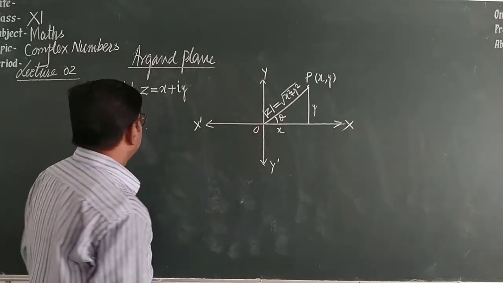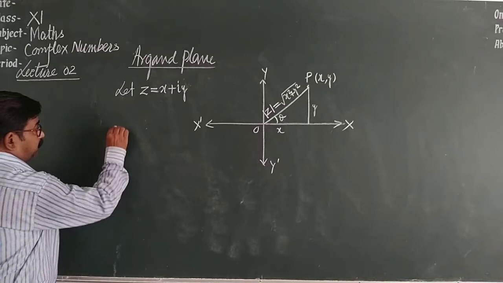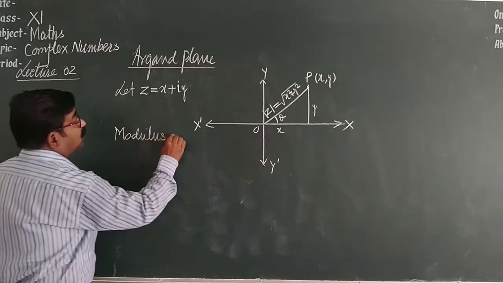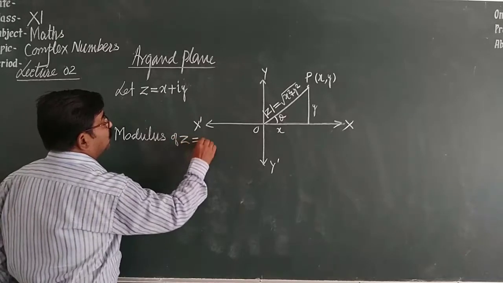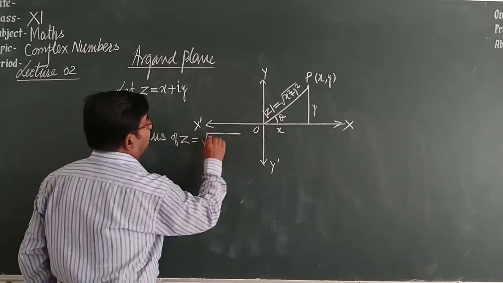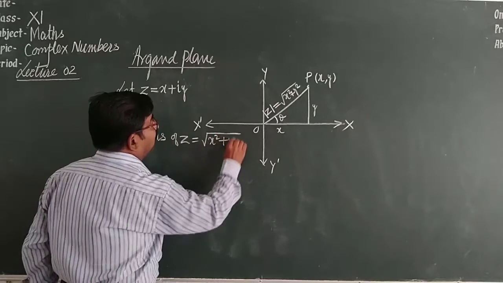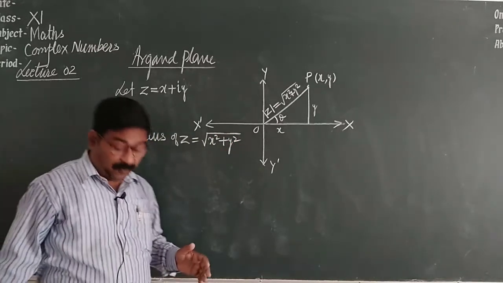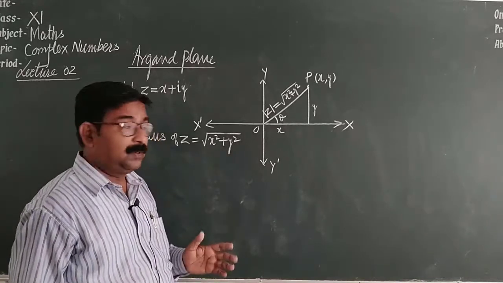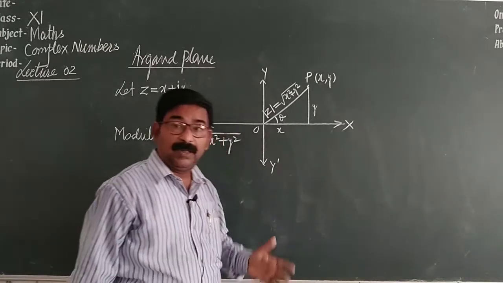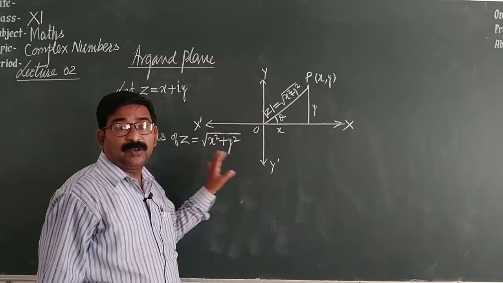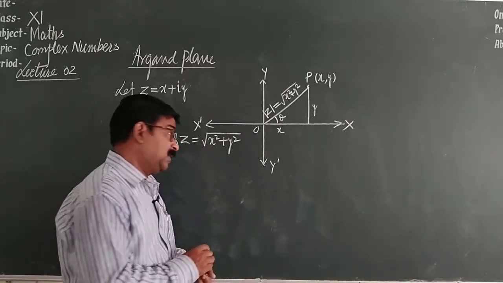So modulus of z is equal to under root x square plus y square. To remember this, simply, for any complex number, its modulus is under root of the sum of squares of the real part and imaginary part.